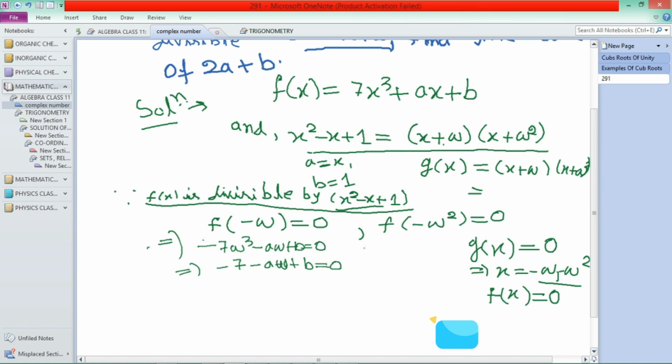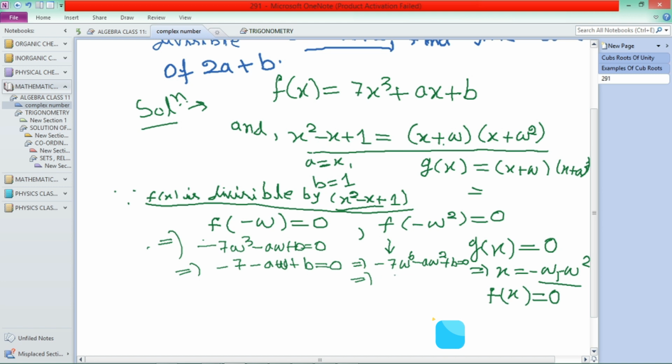You can also see that if f of minus omega square equals 0, then minus 7 omega to the power 6 minus a omega square plus b is also 0, and omega to the power 6 equals the whole square of omega cube.